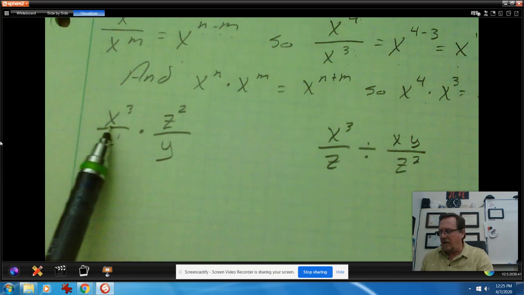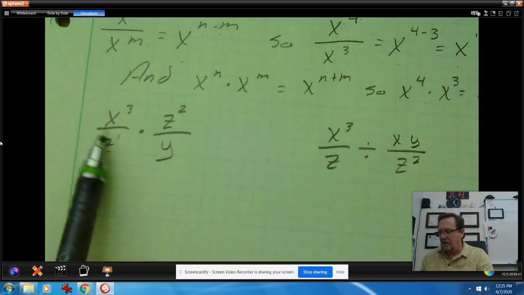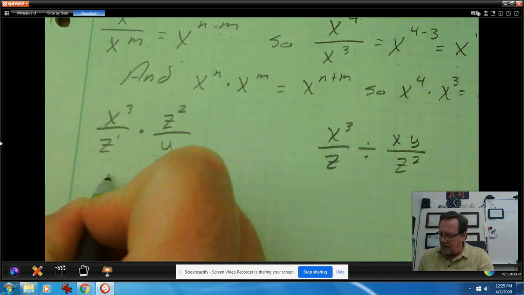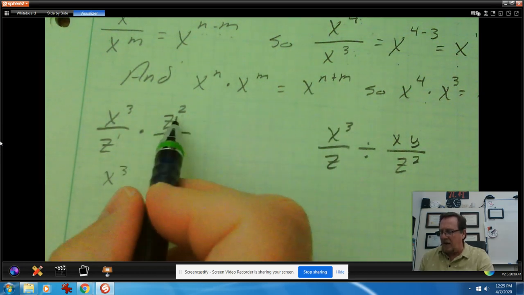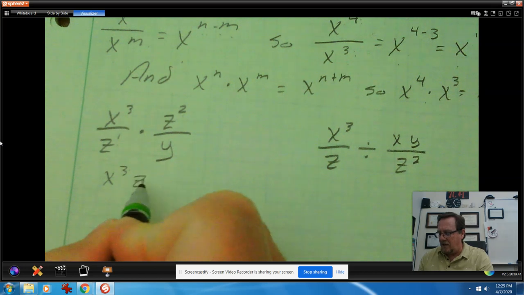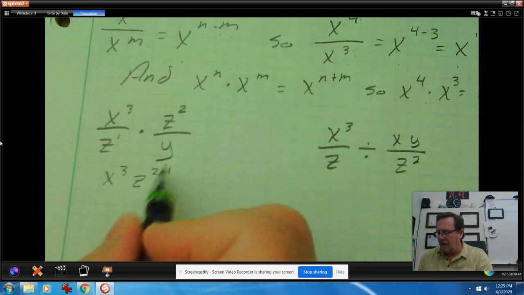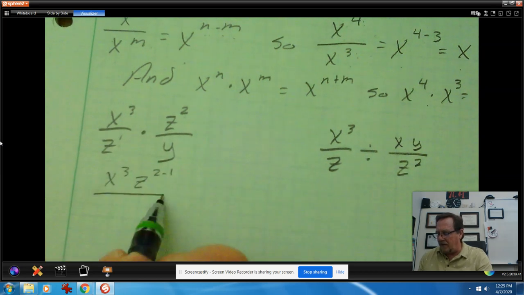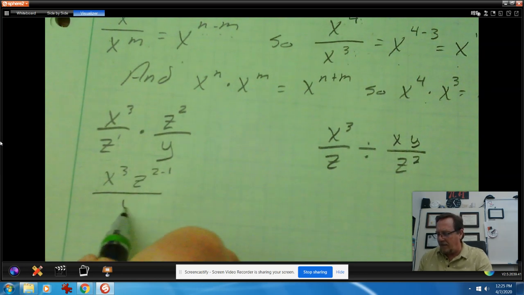Now, I can't cross-cancel anything here. There's no x's in the bottom that I can cancel. So in this case, I still have an x to the third, but now I have a z to the 2 minus 1 power, right? And that's everything on the top, right? But on the bottom, I still have a y.